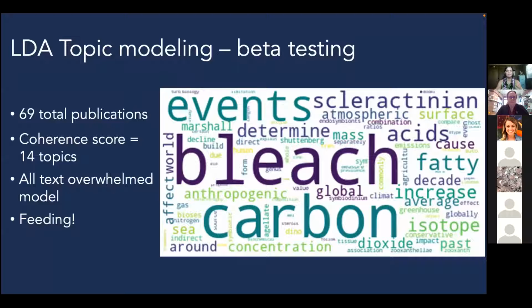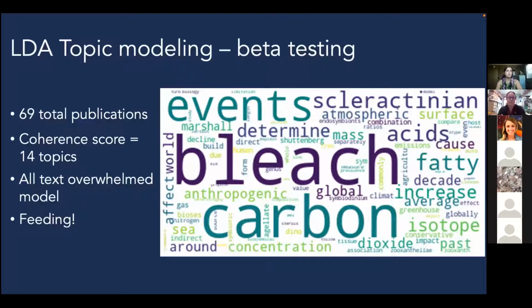I implemented a coherence score, particularly the CV coherence measure, and these help distinguish between topics that are semantically interpretable and ones that are just nonsense, trying to determine between what the computer might see and what is actually a topic.